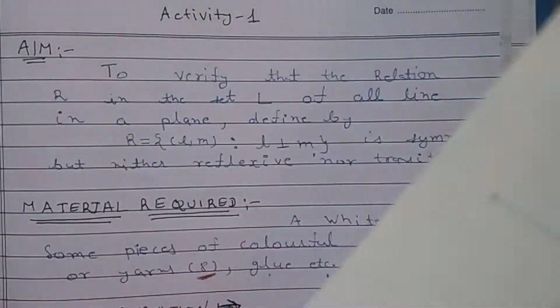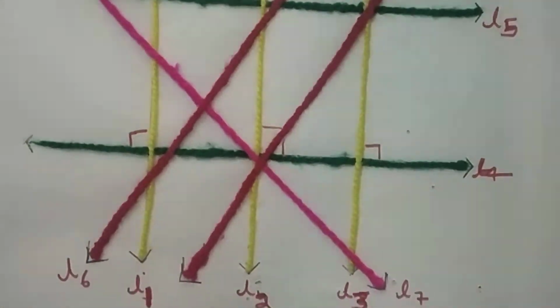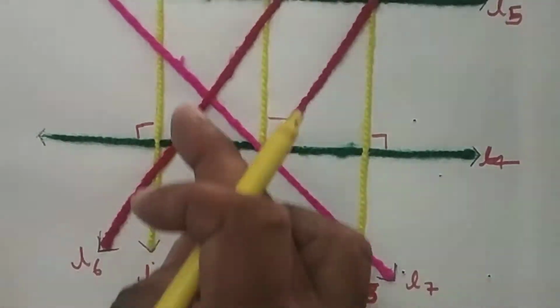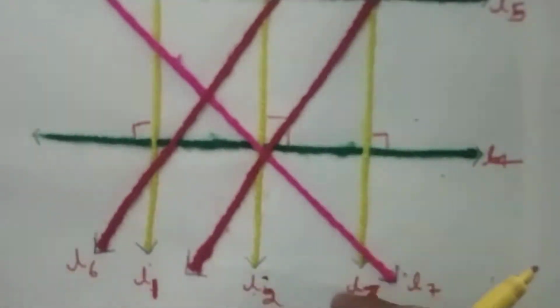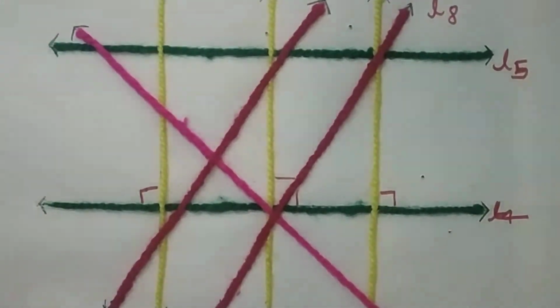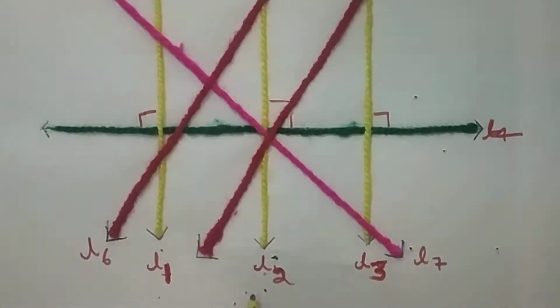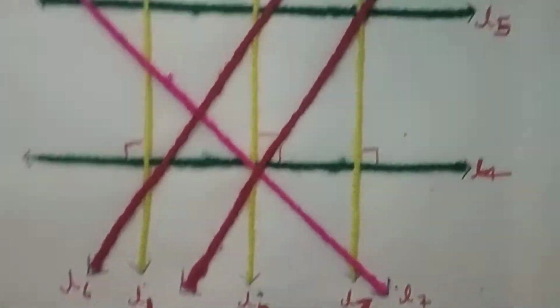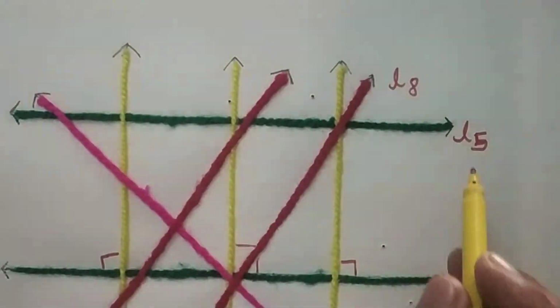Now, second thing, we place pieces of colorful thread on these lines. And name these lines L1, L2, L3, and that line is L4, and that line is L5.